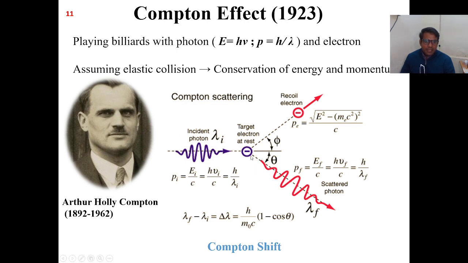And the wavelength of the reflected radiation was larger as compared to the incident photon, or the energy of the reflected radiation was less as compared to the incident photon.